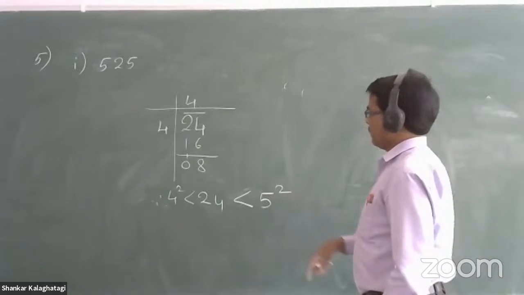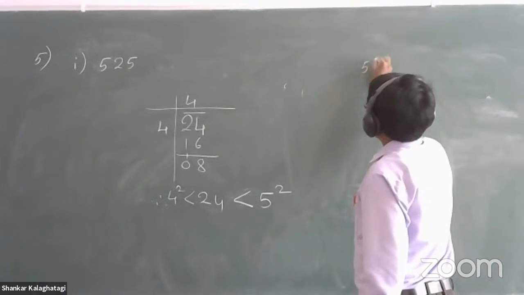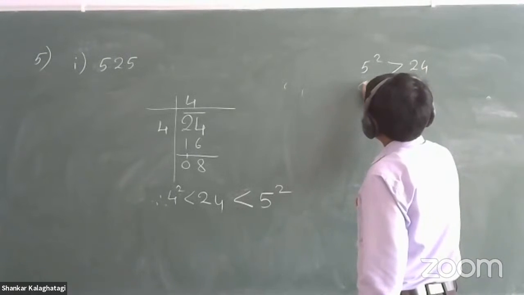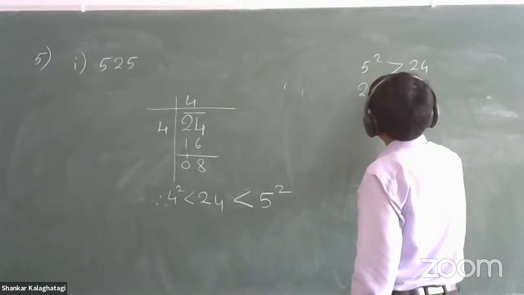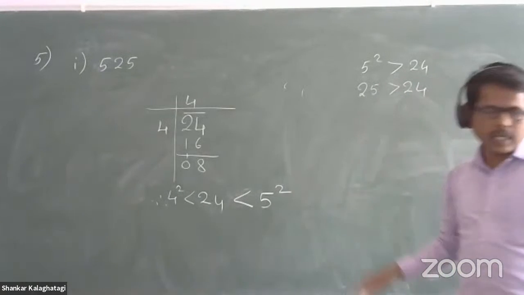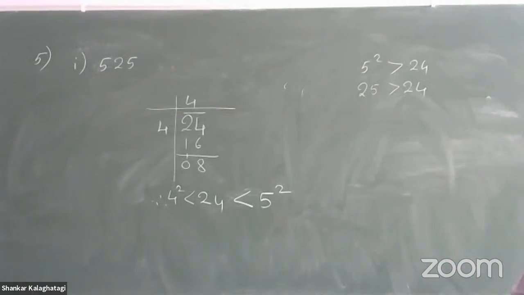To get the next perfect square, 5 square is greater than 24. 5 square is how much? 25 is greater than 24. So to get 25, how much should be added here? 1 should be added.